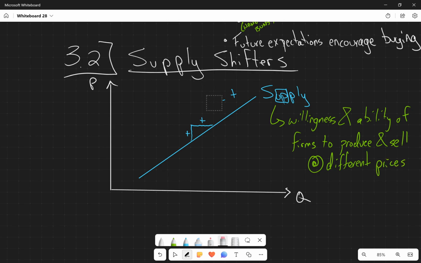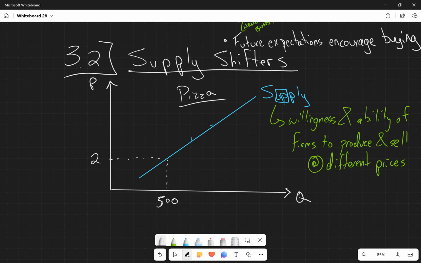We said, if this is the supply of pizza for Shadron, if the price ends up being somewhere very low, around $2, right? A lot of people aren't going to be able to operate and produce pizza at such a low cost per slice or whatever, right? And so we're going to end up with maybe 500 total slices of pizza sold over some particular period.